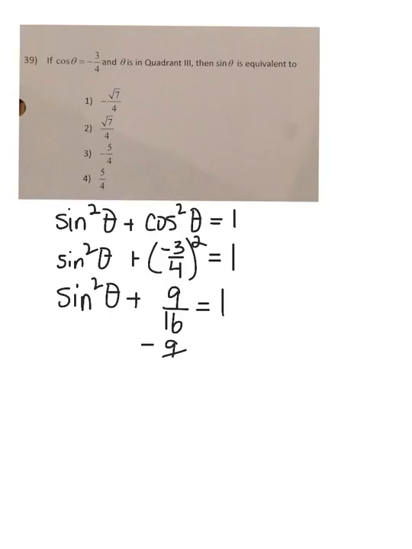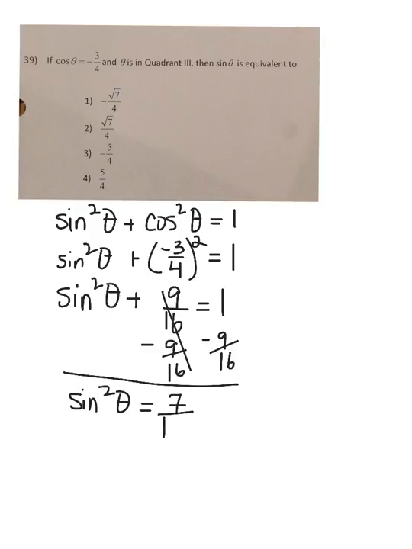I'm going to subtract that 9 over 16. You can either find a common denominator and subtract, or you can use your calculator. That'll give me sine squared theta equals, what is that, 7 over 16? But that's sine squared. I want sine, so I am going to take the square root. Sine theta equals the square root of 7, and the square root of 16 is just a 4.